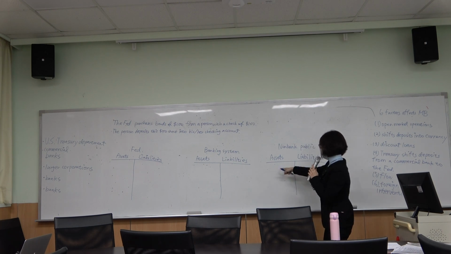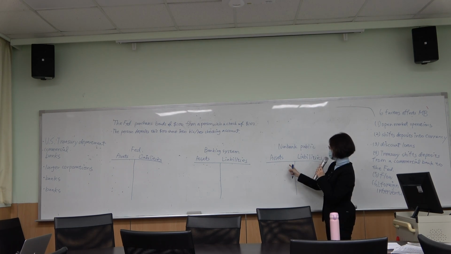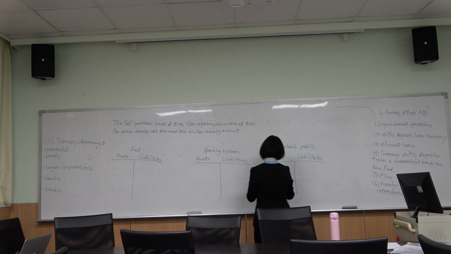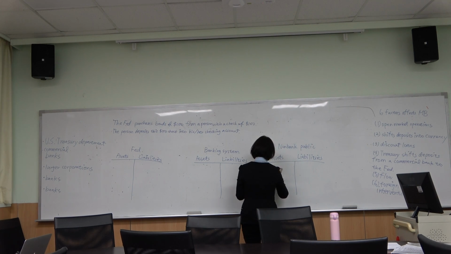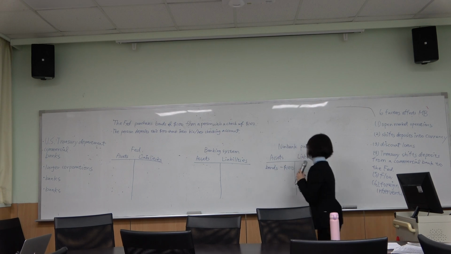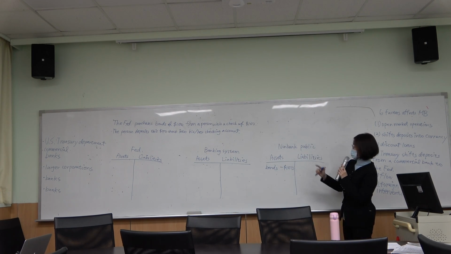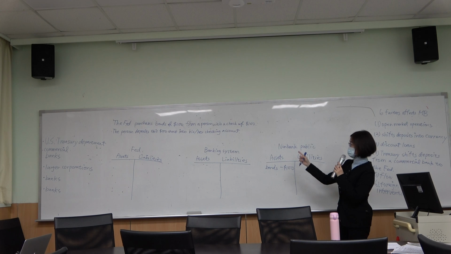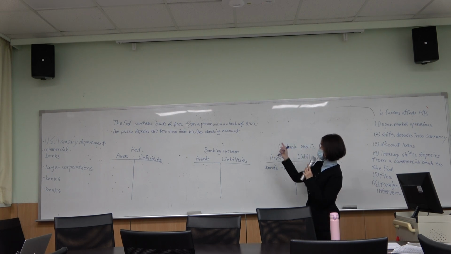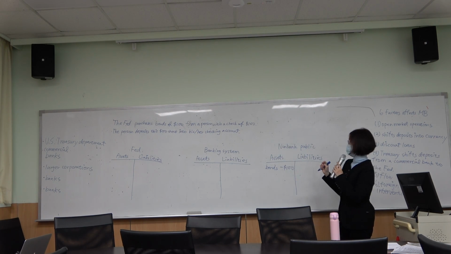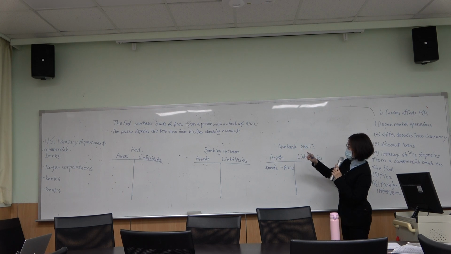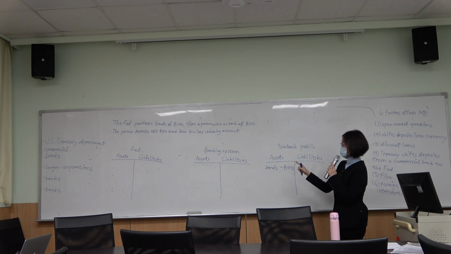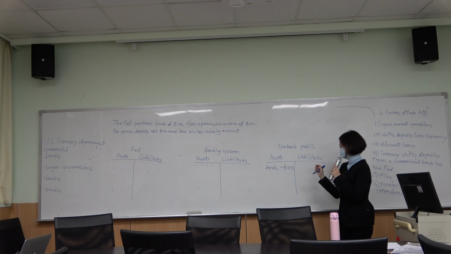This person will find a reduction of $100 of bonds from his or her assets. But he or she receives a check of $100 from the Fed, and deposits the check into the checking account.